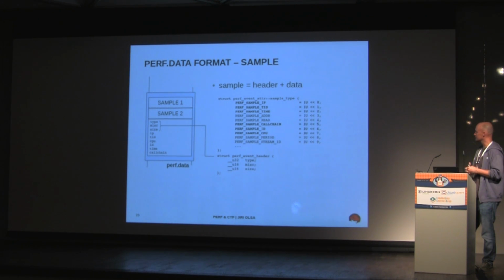There are no modifications. So the data starts with the perf event header, and whatever you configured in the perf_event_attr structure, those fields follow this header, and this represents the data for one event.